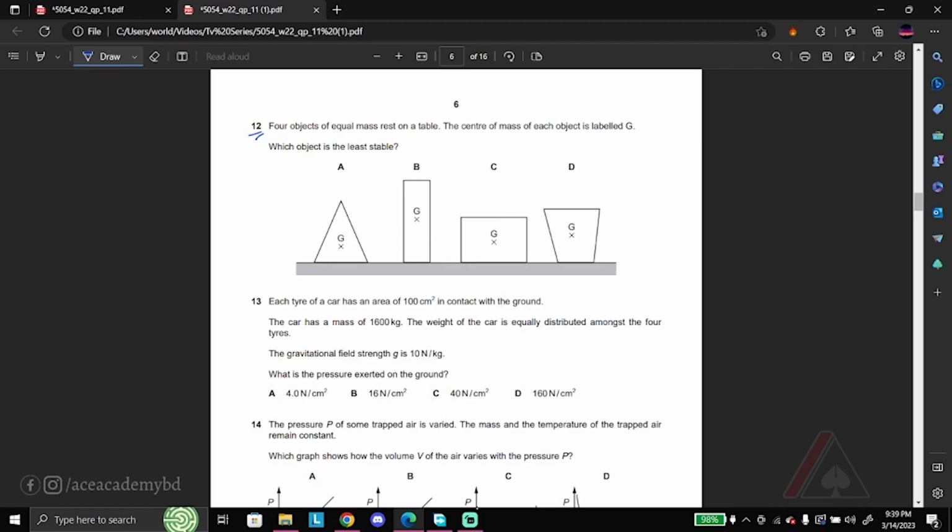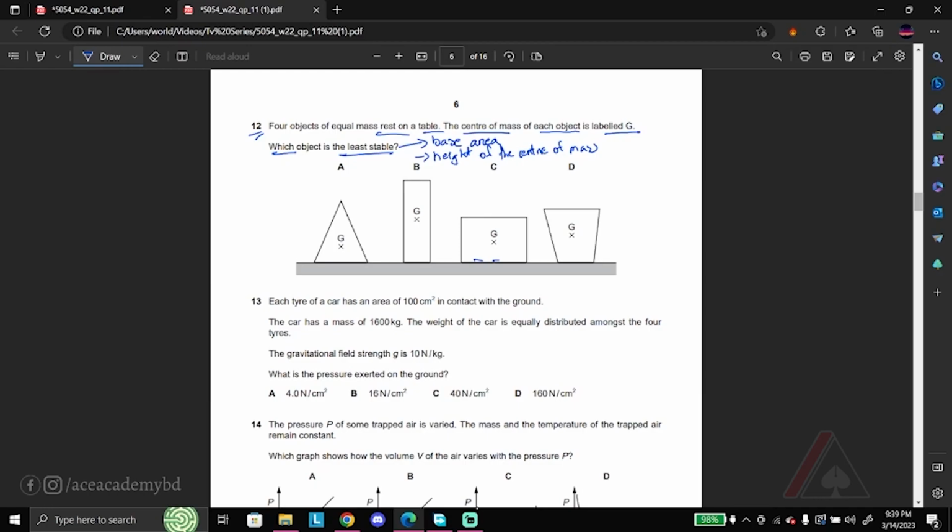It says 4 objects of equal mass rest on a table. The center of mass of each object is labeled G. So which object is the least stable? For questions regarding stability of objects, we need to consider 2 factors, which are the base area of the objects and the height of the center of mass from the ground or the base.